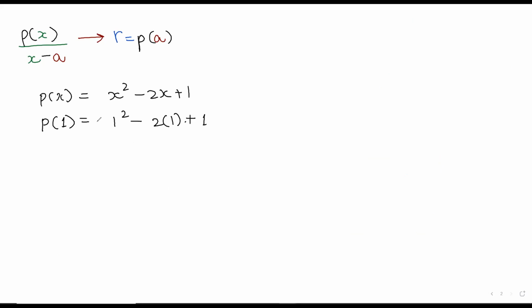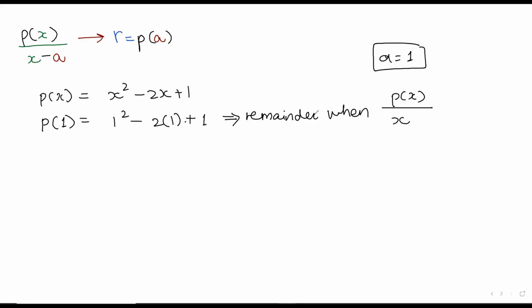This is my p of 1, and the remainder theorem says that this p of 1 is going to be my remainder, when my p of x is divided by x minus a, and my a was 1, right? Just take a look at it over here.